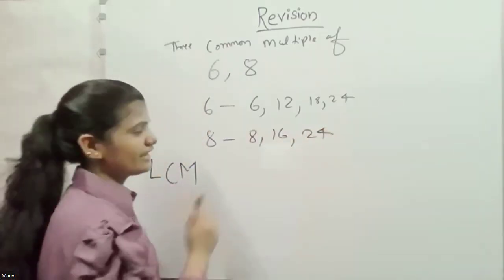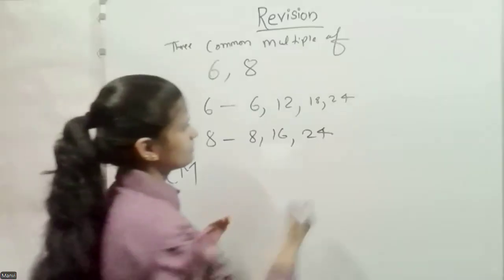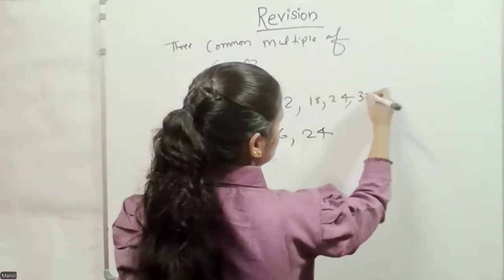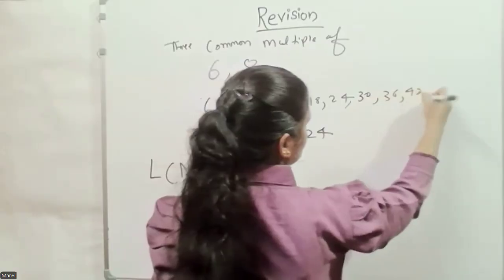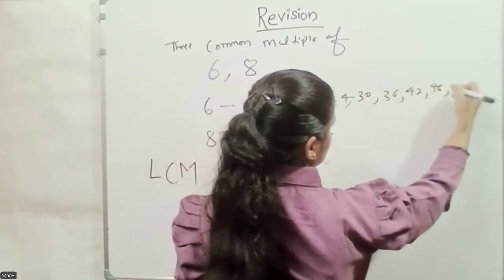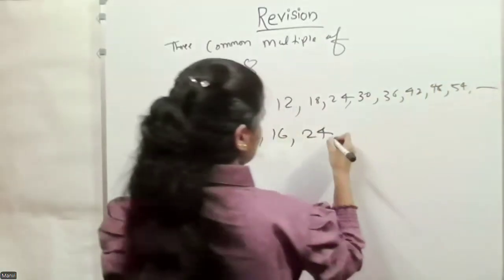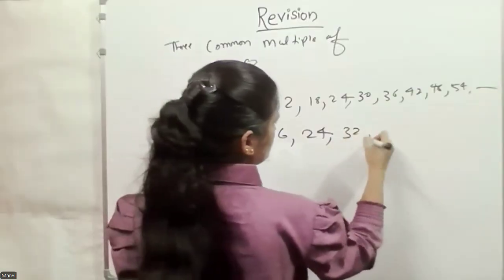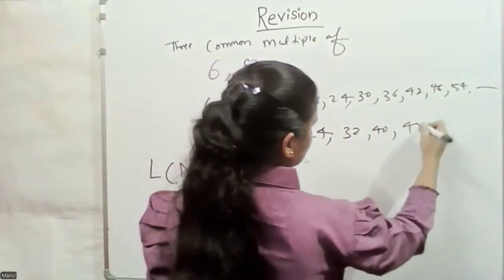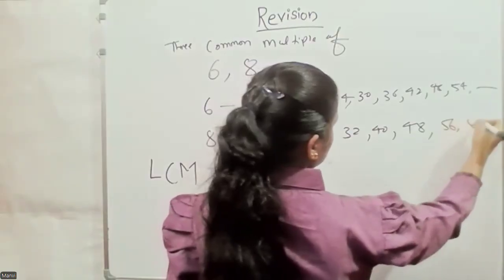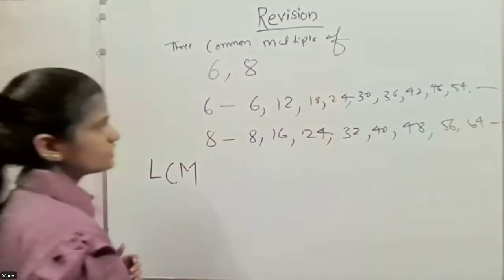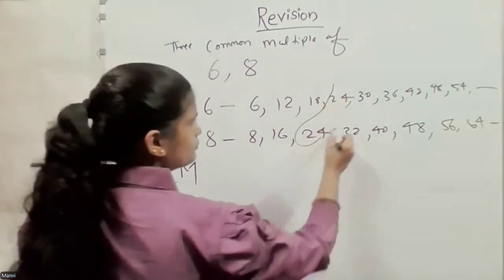Yeah. So this is the first common multiple, which is 24.